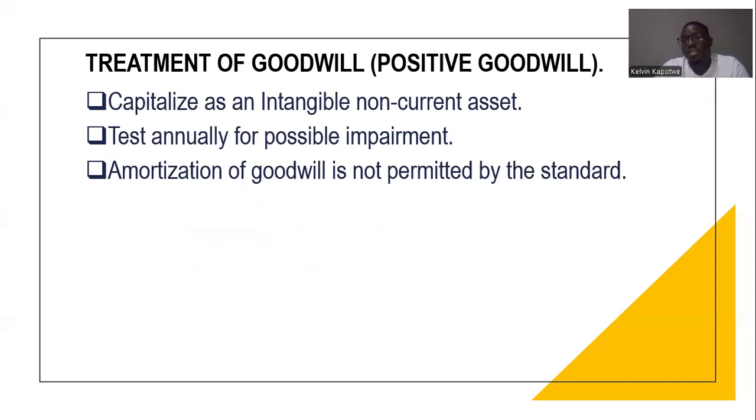So you basically capitalize an intangible non-current asset in your consolidated statement of financial position. Then the standard requires you to test goodwill annually for impairment. The standard does not permit the amortization of goodwill.